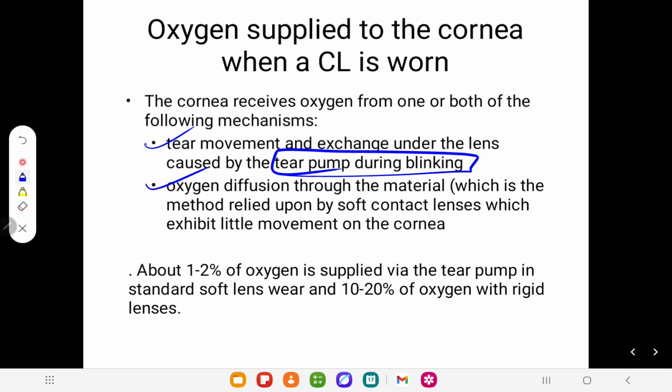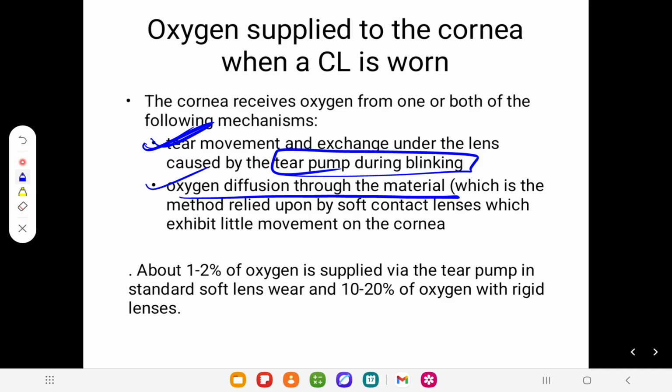Another method is oxygen diffusion through the material. That's the crucial method, because no matter how good the tear pump is under the contact lens, let's take an example, say 20% tear exchange is there, it will never be good if your contact lens has a Dk of zero, like PMMA. It's very important. So that's why, if the first method is ideal, we don't care about it.